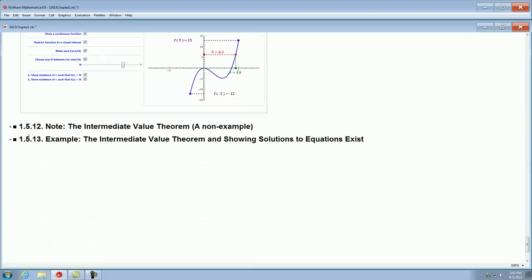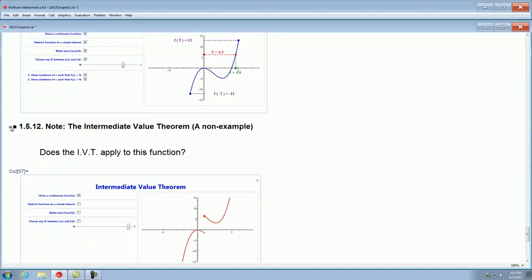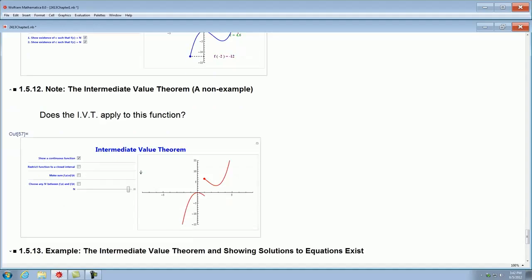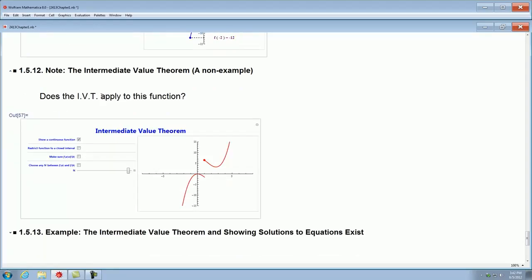All right, here is an example of where the intermediate value theorem would not work. Does the intermediate value theorem apply to this one? Well, you can see right away that this function is not continuous. Let me try and lock it down on a closed interval. So now it goes from here to here, and then it goes from here to here. I can still try and make sure that f of b and f of a are not the same.